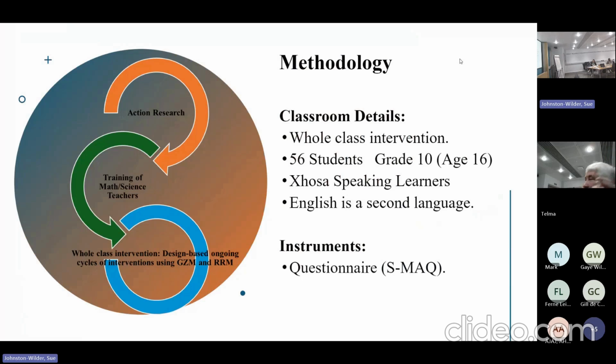So the first thing that I did was to issue out the questionnaire. And then I analyzed the questionnaire data, and I saw that about 99% of the students in the schools do have anxiety. And then from there, I did class observation. I managed to conduct two class observations in May and the first week of June.